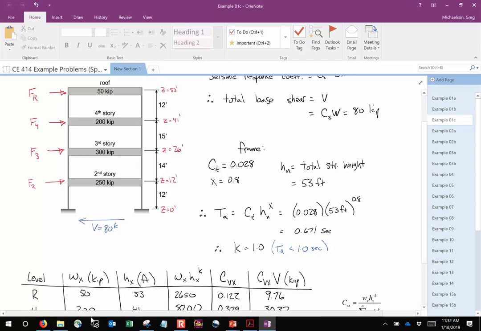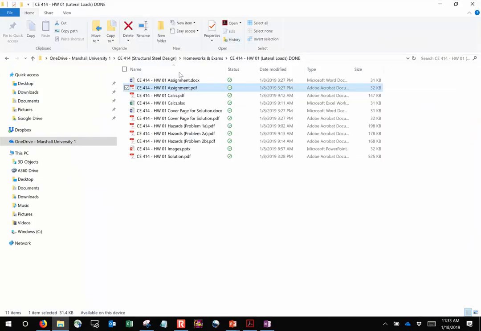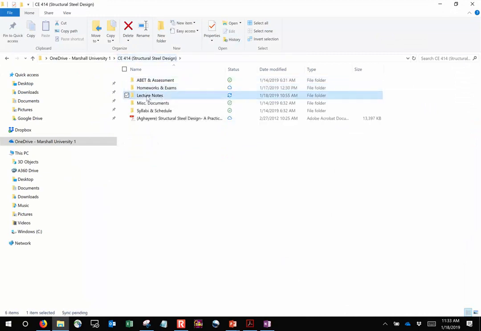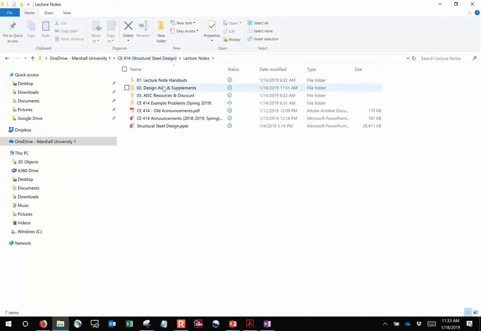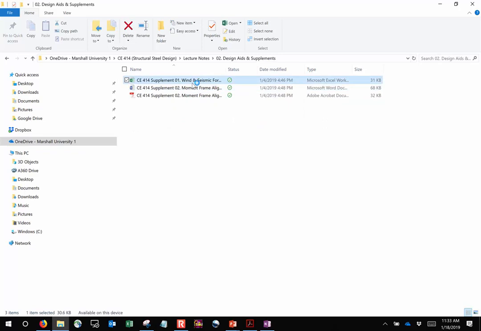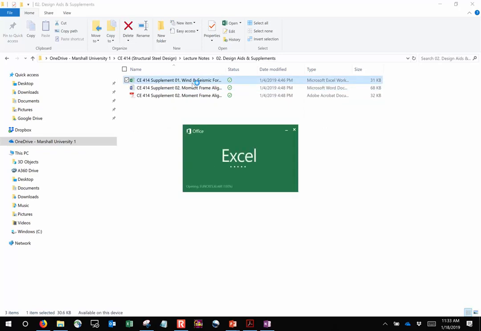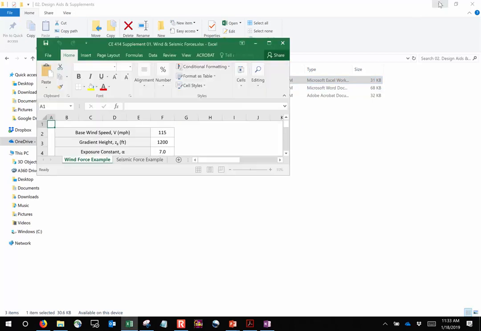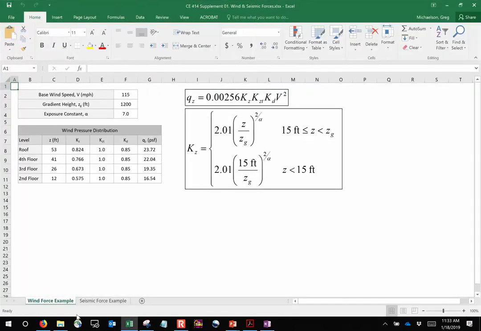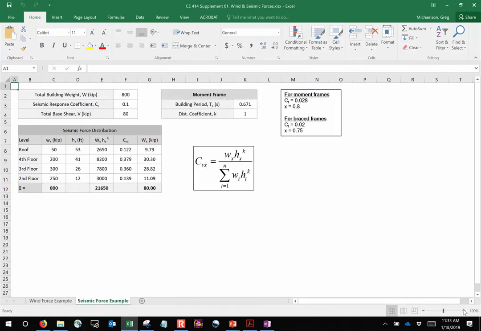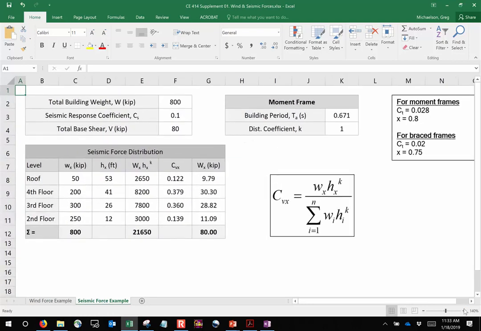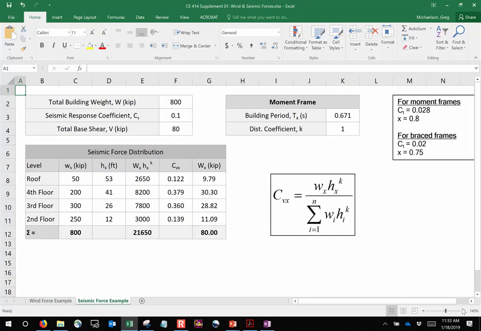Now, one thing worth mentioning. In that Excel sheet that I posted online, once it decides to load, you remember the wind example that I did? Well, here's the seismic example that I did, and I actually have that example done in here.